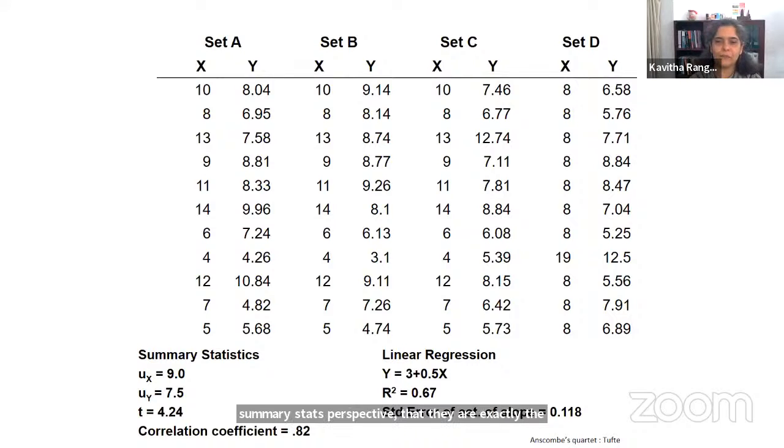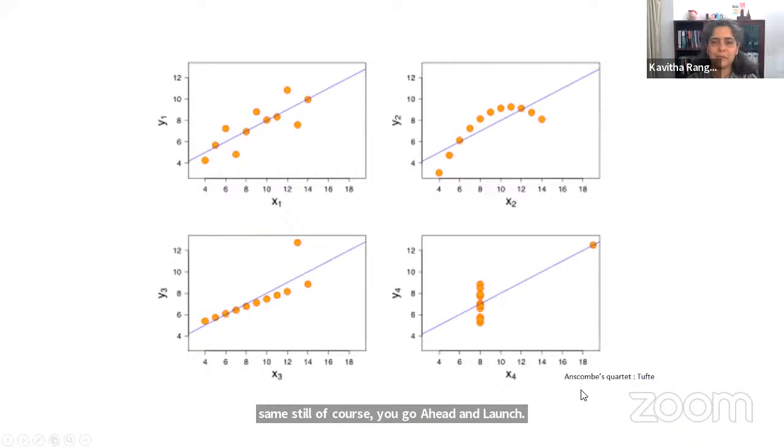Till, of course, you go ahead and plot the data. If we create very simple scatter plots, 4 different scatter plots, you will suddenly realize that these 4 data sets are very different from each other. Suddenly you see that the visualization brings forth the inherent properties of the data, and these inherent properties were definitely not visible if we just analyzed the summary statistics.